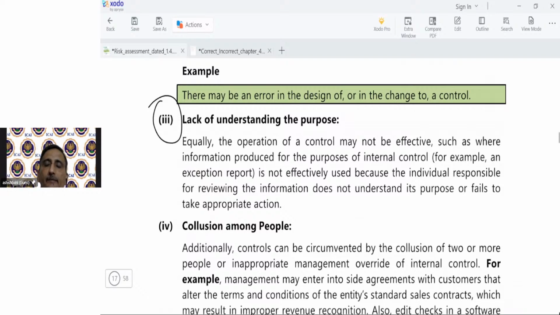Okay, say there is an example given here. Say in companies, the software, the system produces some exception report. So in banks also exception reports are generated daily. So what are exception reports?